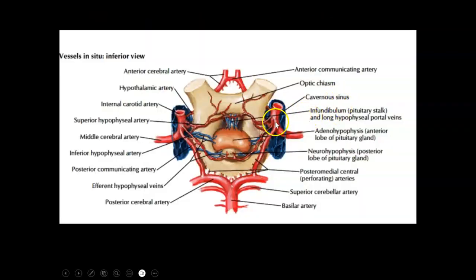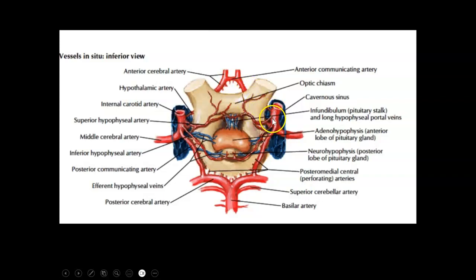And here is the carotid bifurcation again. We are looking from below, so you can see the circle of Willis. Of course, you don't see here the anterior cerebral because we are looking from below. They are above the chiasm.